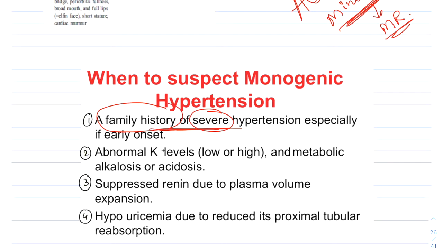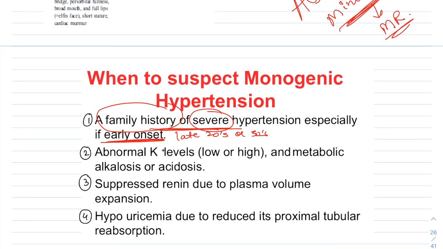So there will be a family history of severe hypertension of early onset, that is in the late 20s or 30s. In addition to the early onset hypertension, there will be abnormalities in the potassium levels.